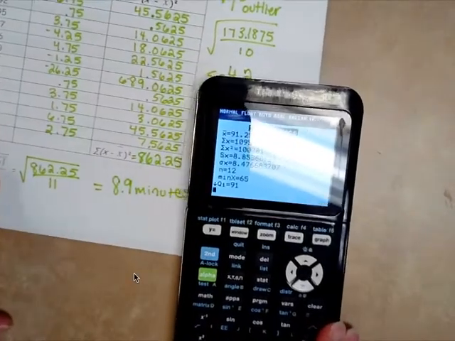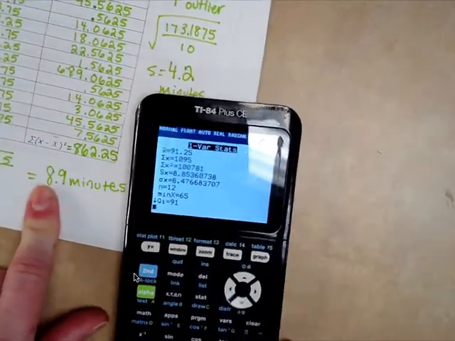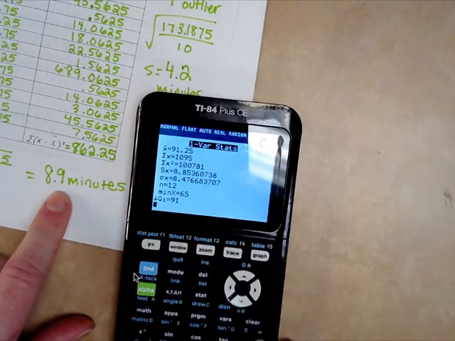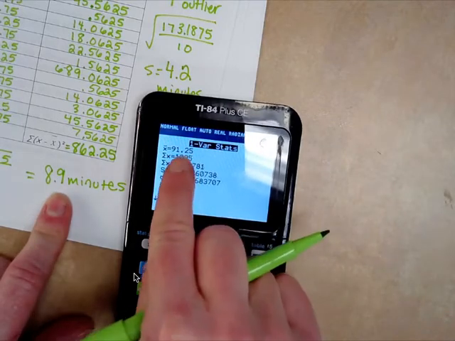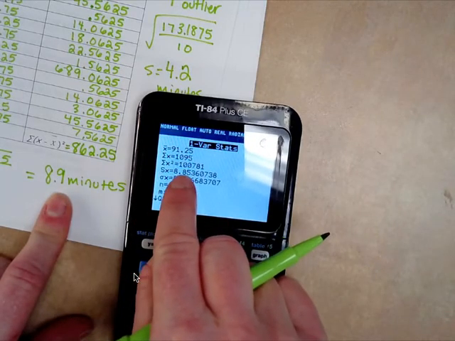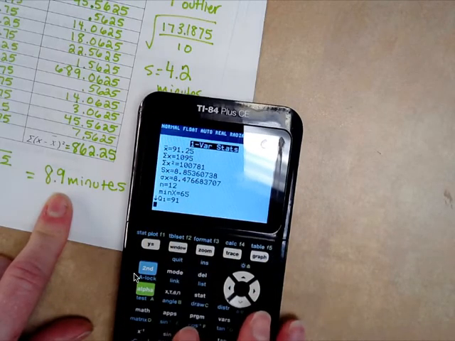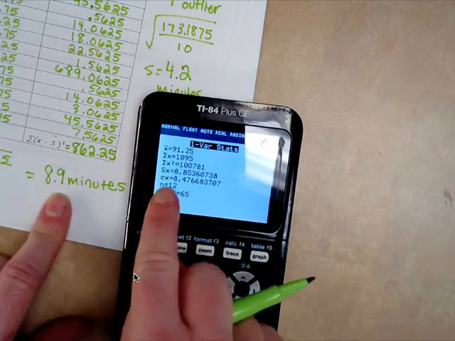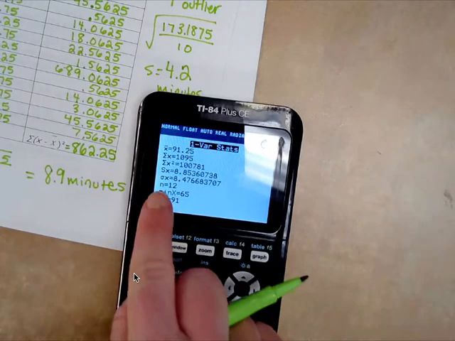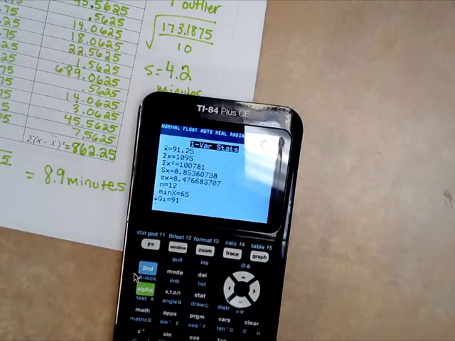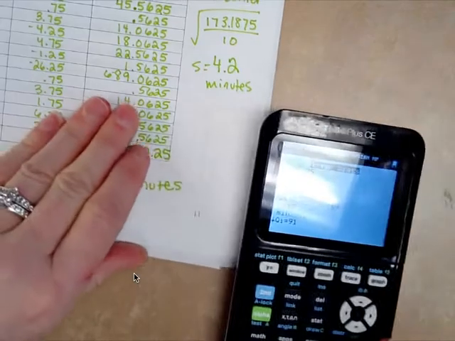And then it gives us standard deviation, which if we round it, see the SX. And then it also gives us a population standard deviation. It gives us the N, min, max, all that.